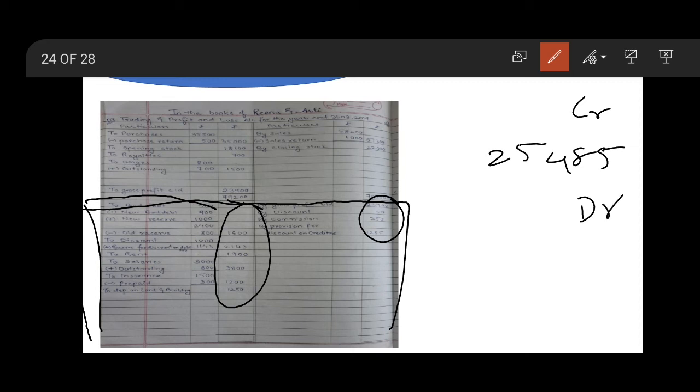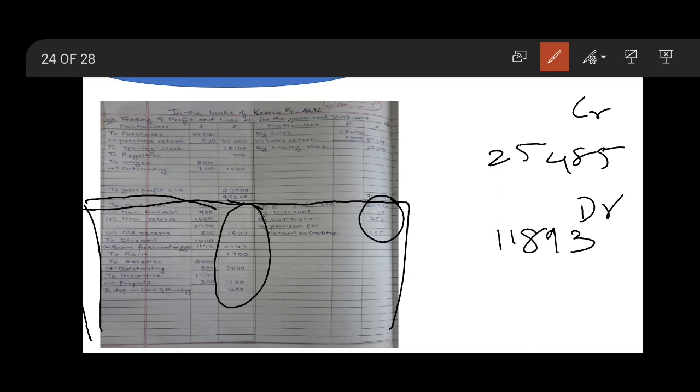My profit and loss account starts from this line, okay, using this bad debts too. So take the total of the credit side, take the total of the debit side. The total of the credit side is 25,485 and the total of the debit side is 11,893.